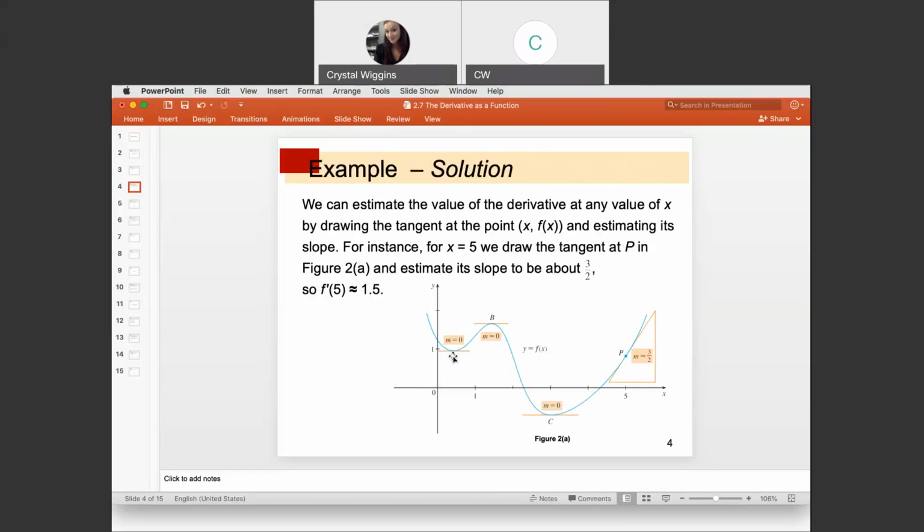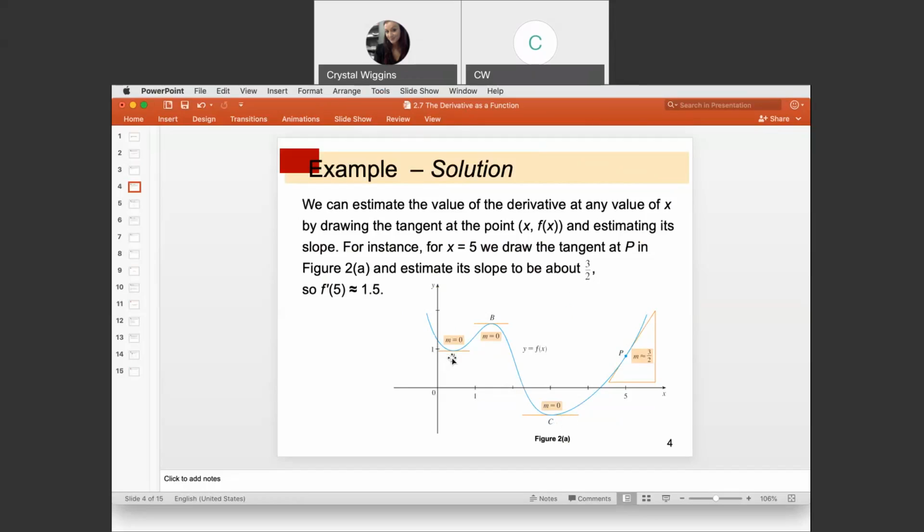And that would be whenever the tangent line has a slope of 0, which would mean a horizontal line. So notice that every min and max, whether local or global, is where you would find a slope being equal to 0.